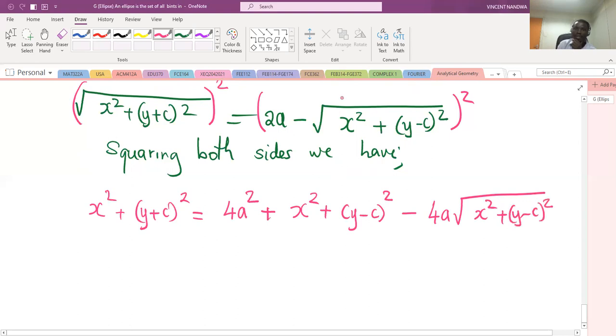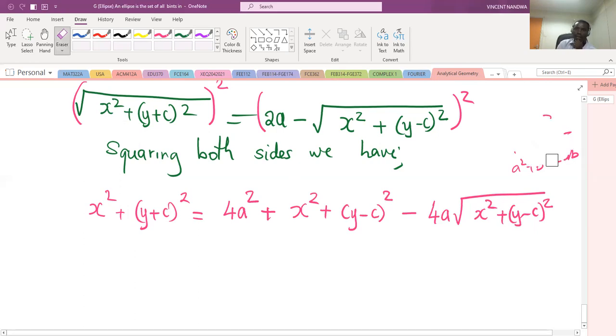Remember, what I'm using for this step is knowing that a minus b squared is given by a squared plus b squared minus 2ab. So you take your a to be 2a, and your b to be the square root of this term.